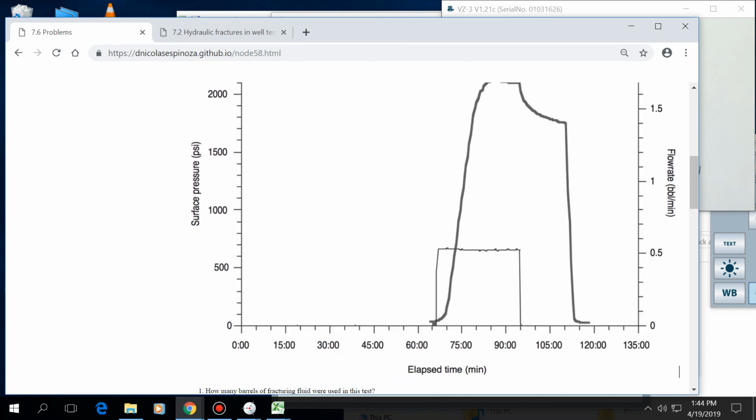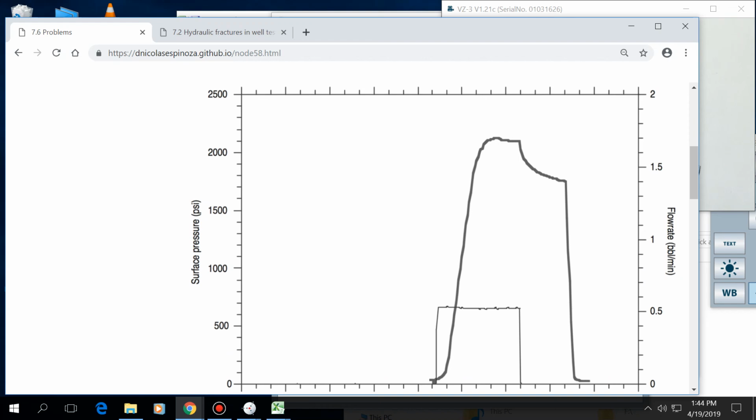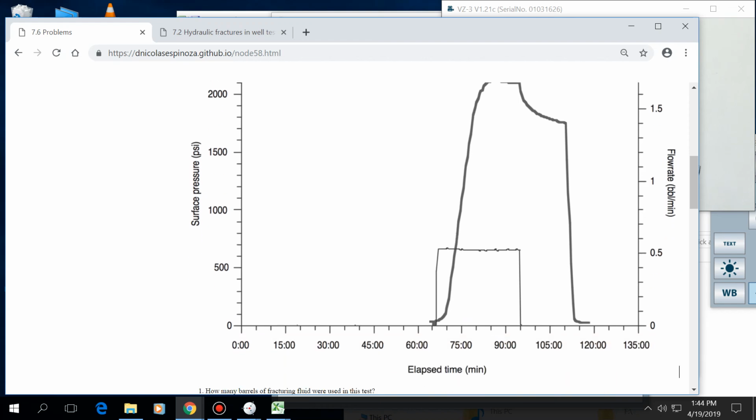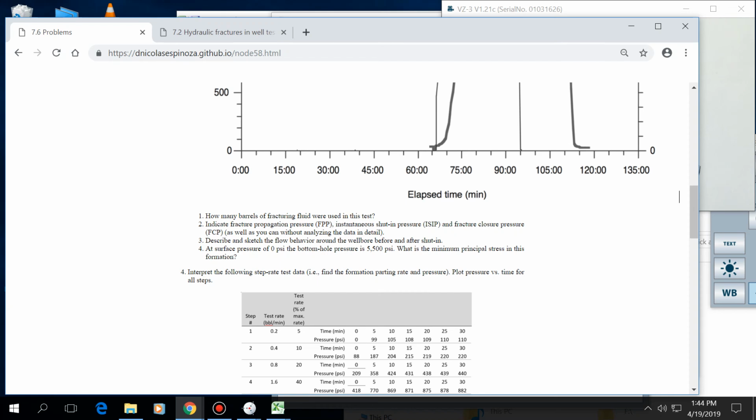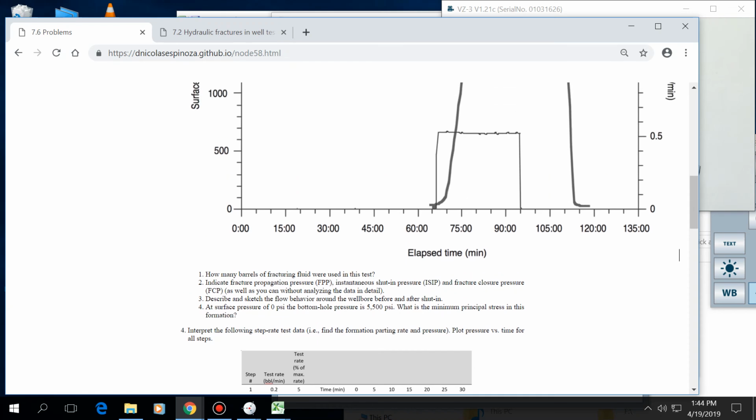And I think I'm asking you a few more things. Calculate how many barrels were injected. This is just basically reading the plot. You have flow rate, you have time. You can calculate how many barrels were injected. And also calculate the minimum principal stress, knowing the bottom hole pressure before injecting.